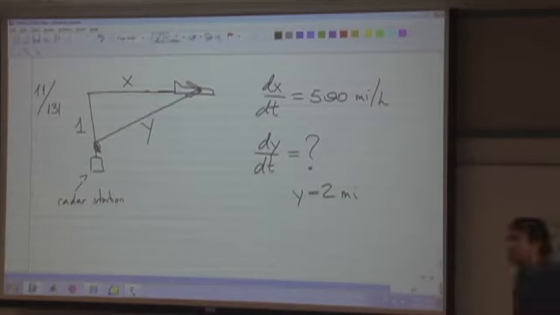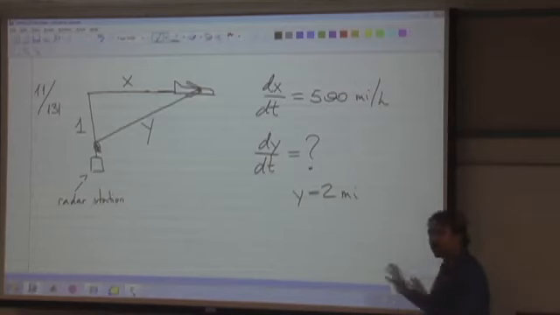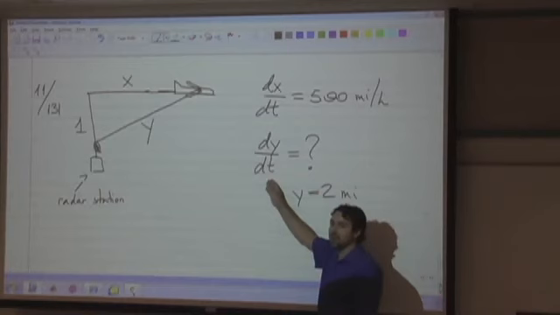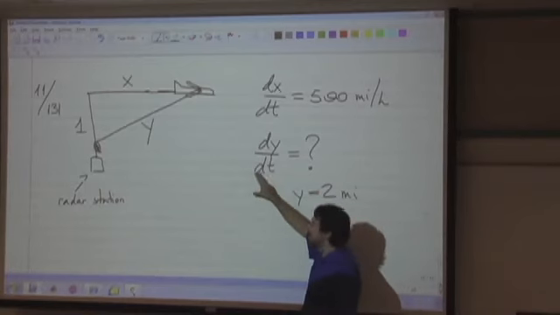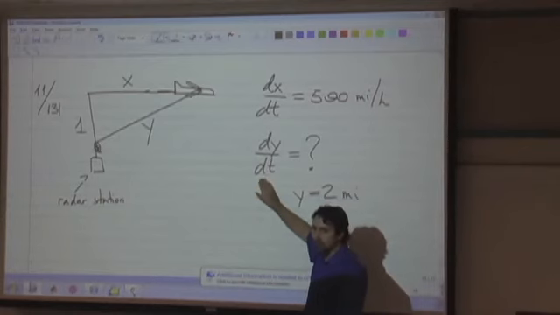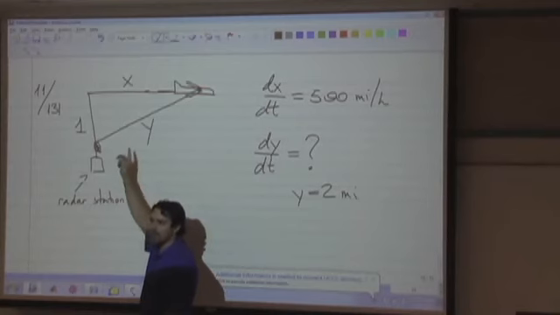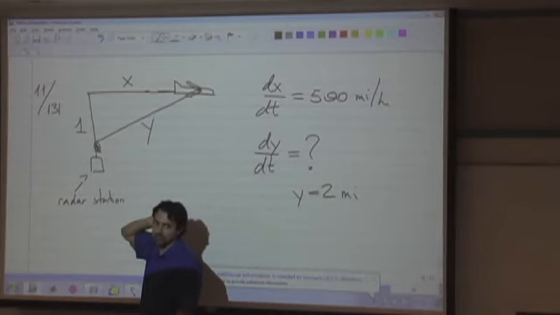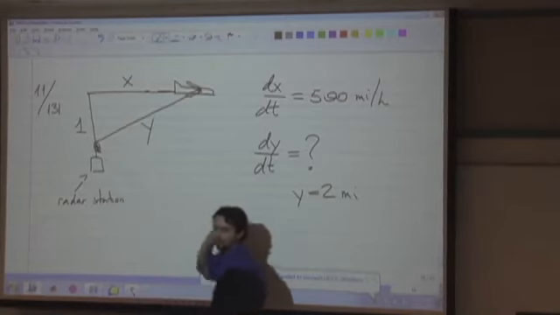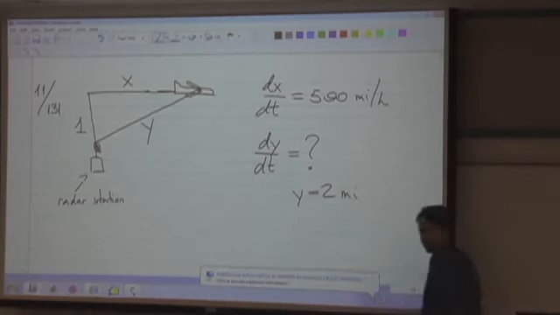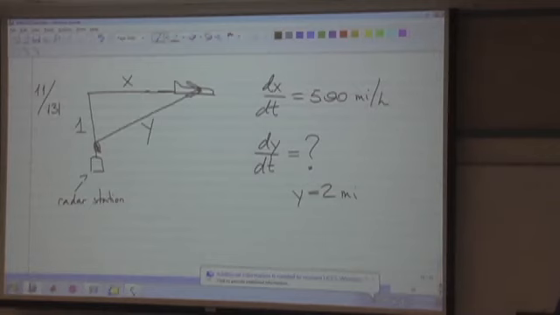I told you, when you're dealing with these types of fractions, this is not an actual fraction. This is a notation. It just says the rate of change of y with respect to time. The rate of change of x with respect to time is the speed of the plane. Does that make sense? The plane is moving on a straight line, horizontal straight line, right? Yes? Yes. Okay. What next?